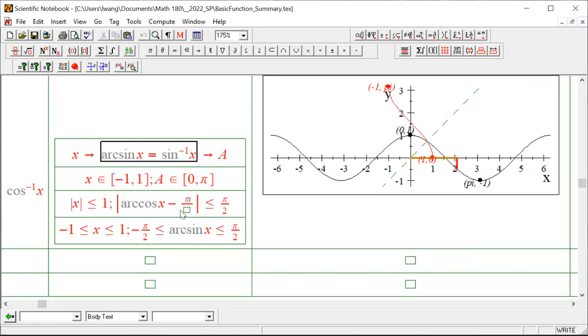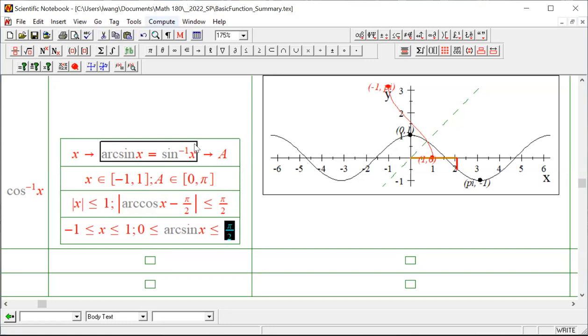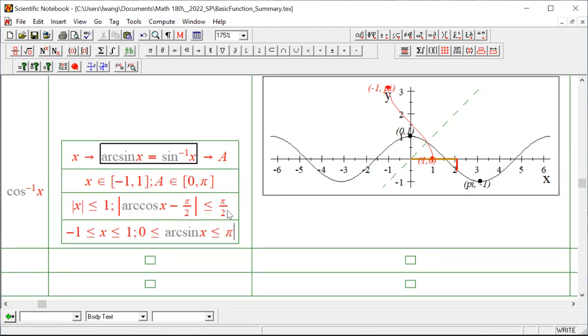I never actually talked about it in class, so take it as you wish. If you have any questions, it will give you the same thing. And the other form is from 0 to pi. It's not likely I'm going to test you about it, but if you really want to know, this is the absolute value form. So that's the arc cosine.